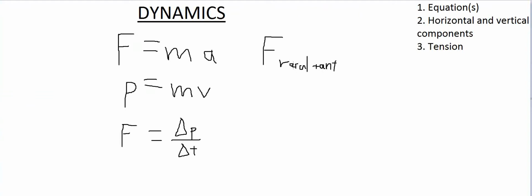So for example, let's say we have an object moving on the ground, and there's a force of 10 newtons pulling this object in this direction, and let's say this object has a mass of 2 kg.